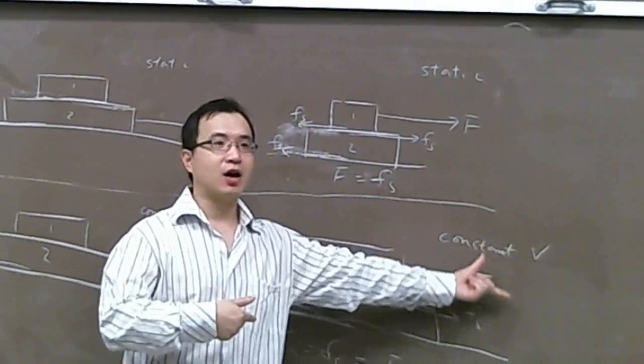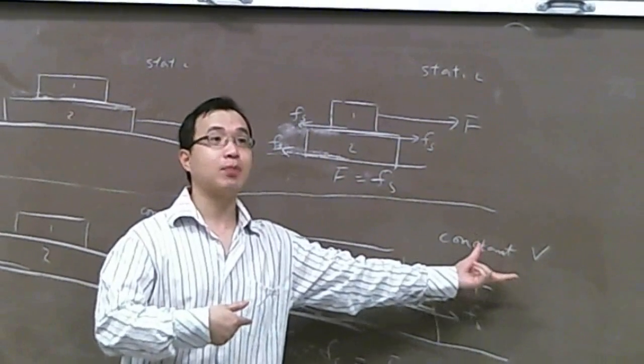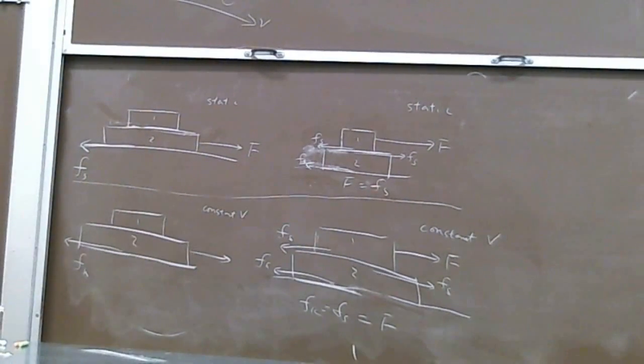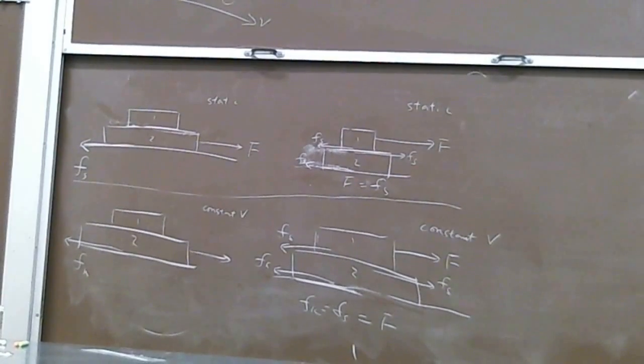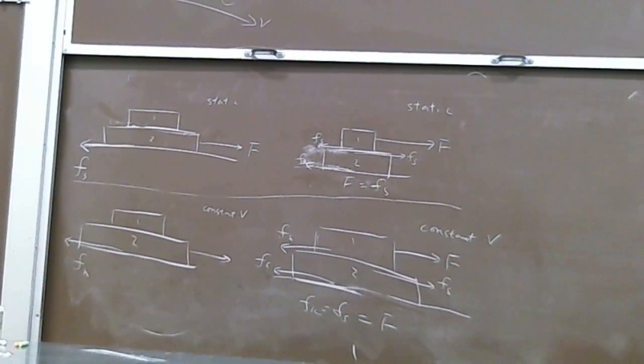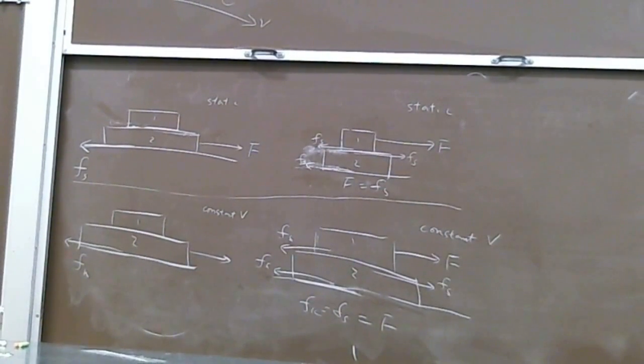And it will keep the velocity it had at that point. And in fact, you know that in your experiment. To make it move, initially you have to have some larger force. But then you can reduce your force a little bit. Okay?